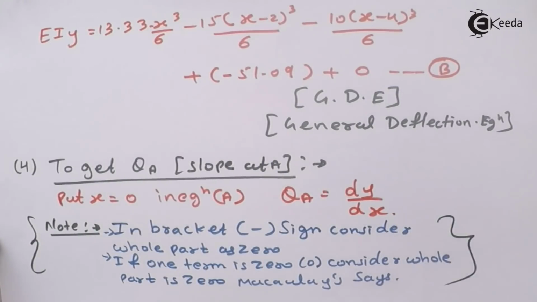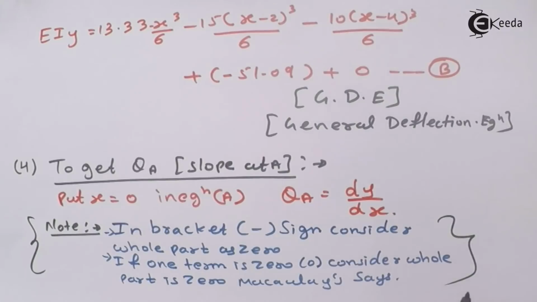So to get theta A, we put in the general slope equation, but what Macaulay says is that if in a bracket we get a negative value, we have to consider that whole part as 0. If one term is 0, consider the whole part as 0. This is what Macaulay's method says for us.